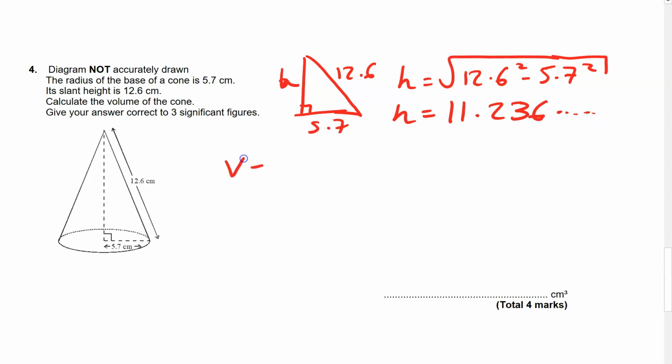So the volume is, that's a cone, it's 1/3 pi r squared h.